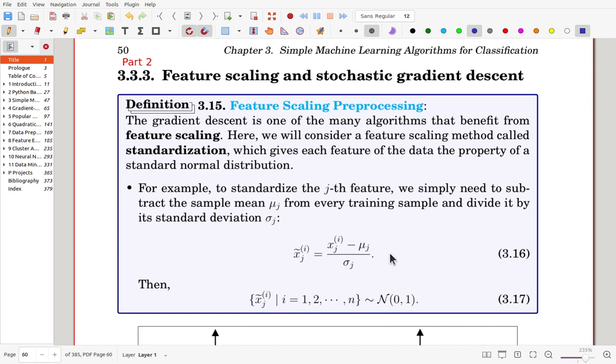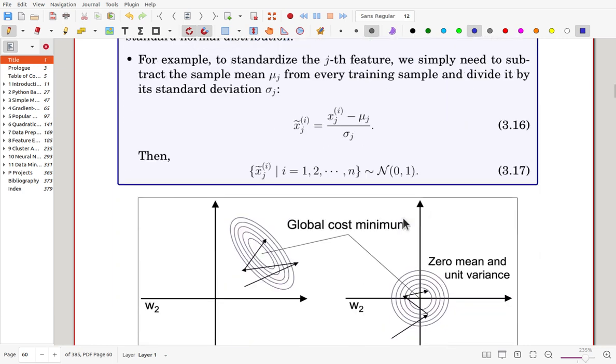Now, to understand this, we consider how data is saved. Usually for data, we use the notation X. That is a two-dimensional array, so the data is saved in matrix form.